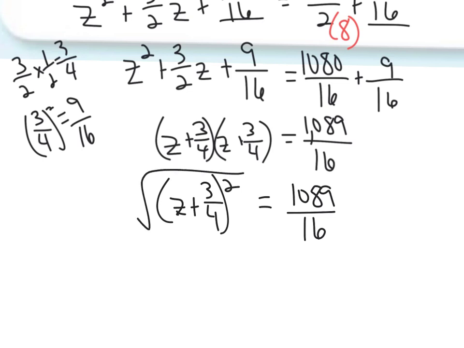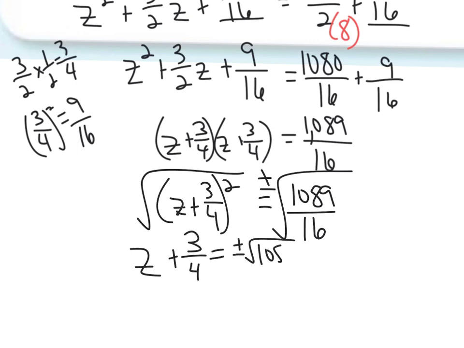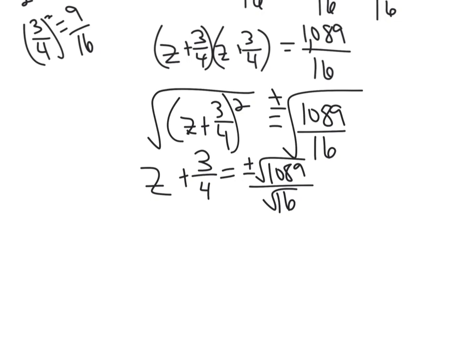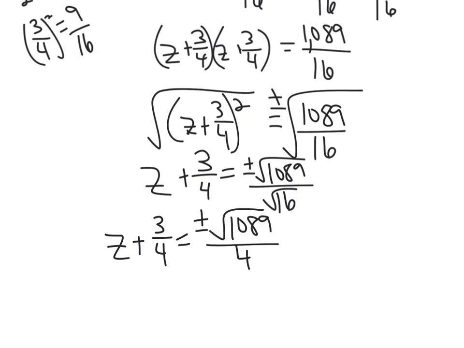Then we need to take the square root on both sides, plus or minus. And we can split that fraction up. So square root of 1089 doesn't come out evenly. Square root of 16 does, which once again is the same as our denominator on the other side of the equation.